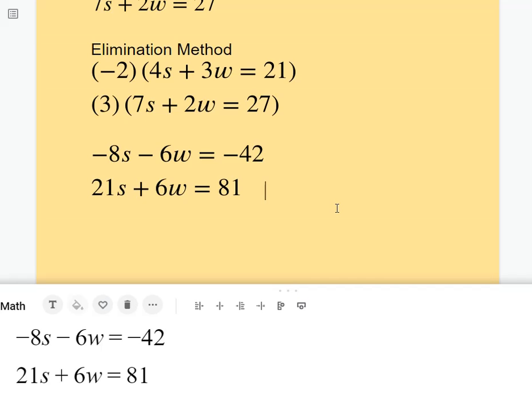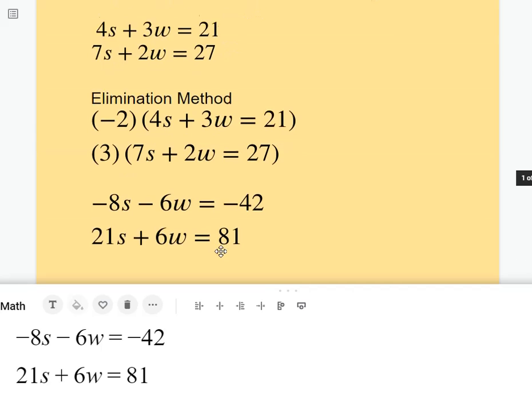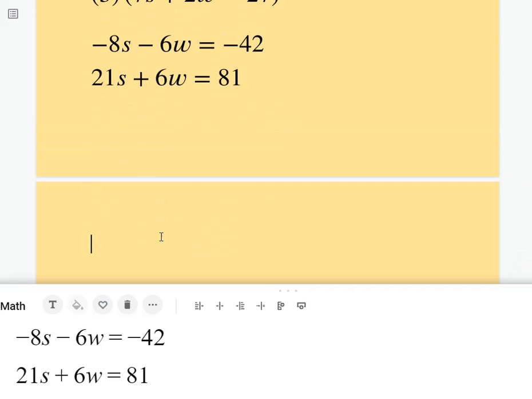Plus 3w times minus 2, you get that. Minus 2 multiplied by 21, you get minus 42, right? So what we need to do now is simplify a little bit further, that way we can solve the problem.